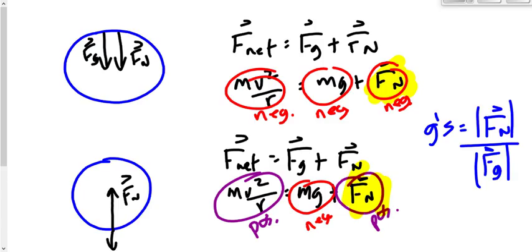If I want to find the number of G's that I experience, how heavy I feel relative to how heavy I am, I would divide 2,250 by 750. What did I say my weight was? Let's say it was 750. My apparent weight was 2,250. Then the number of G's that I would experience would be 3. Right? How heavy do you feel versus how heavy you actually are?